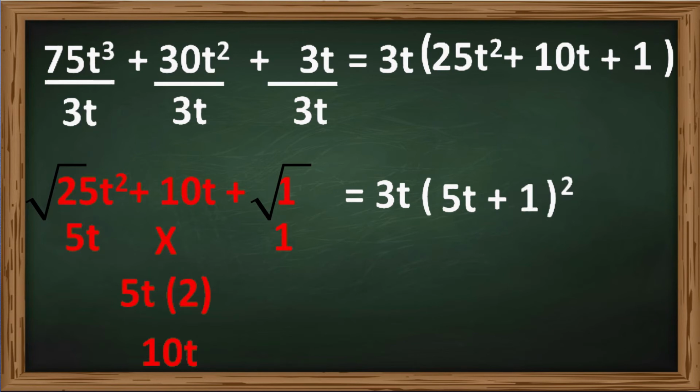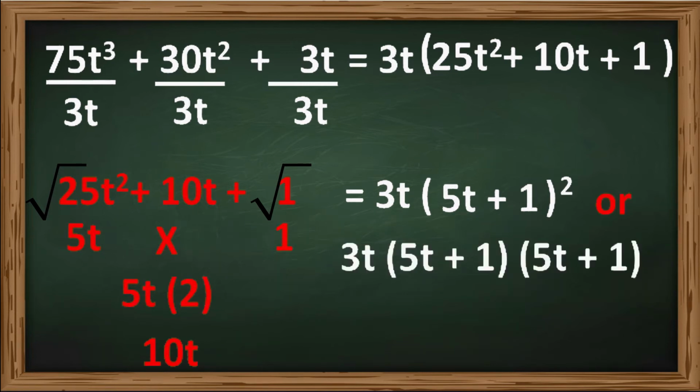What operation must be used? Addition. Very good. Then put squared. And that's the final factor. Or you can have 3t quantity 5t plus 1 quantity 5t plus 1.